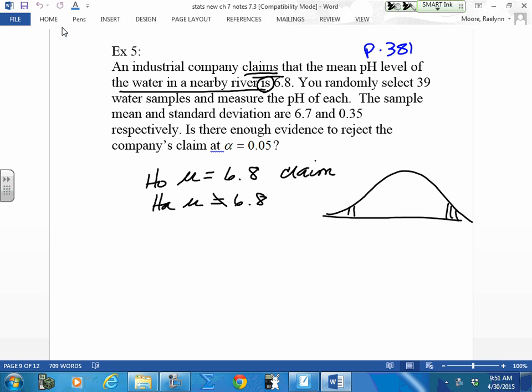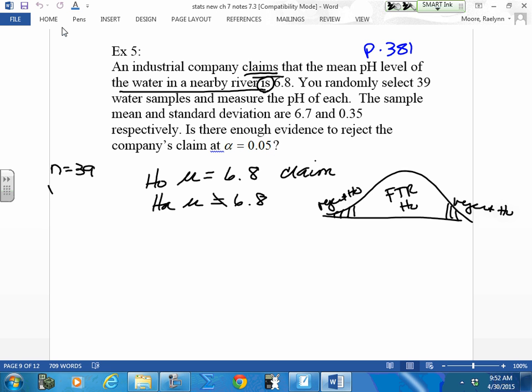Some things just don't change. Here are my reject H0 and fail to reject H0 regions. Now we keep going. You randomly select 39 water samples and measure the pH of each.